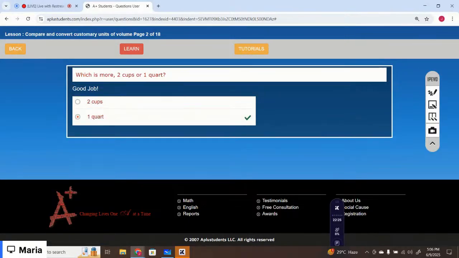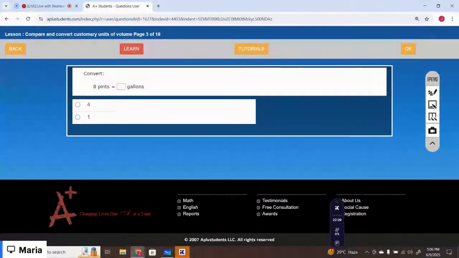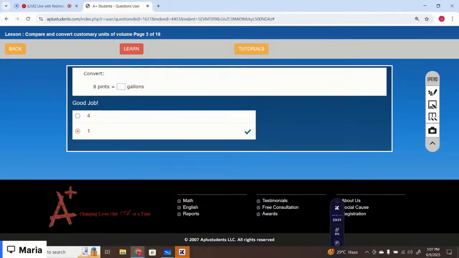Option number two is the correct option. 8 pints equal 1 gallon. Option number 2 is the correct option.